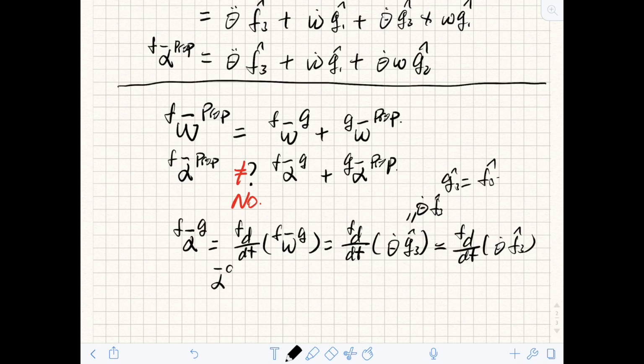So we have the angular acceleration of g in F as theta double dot F3.